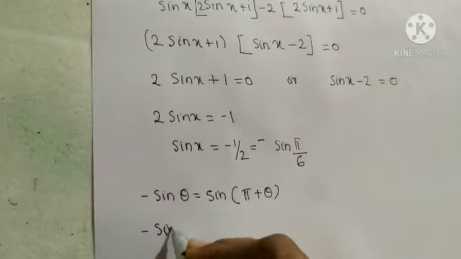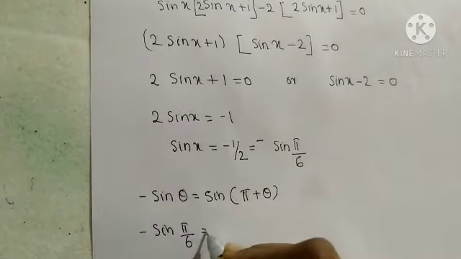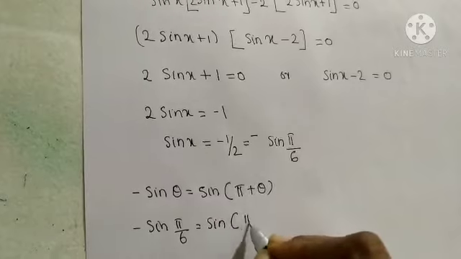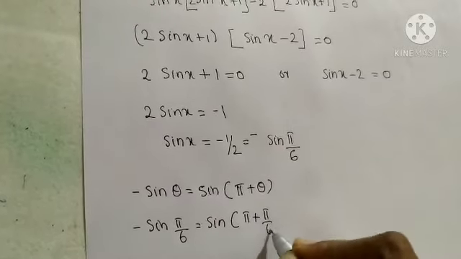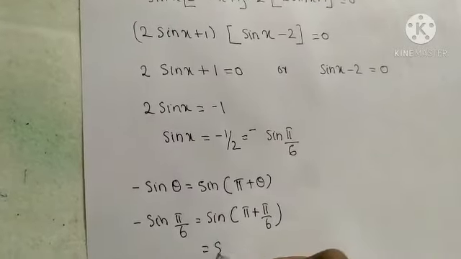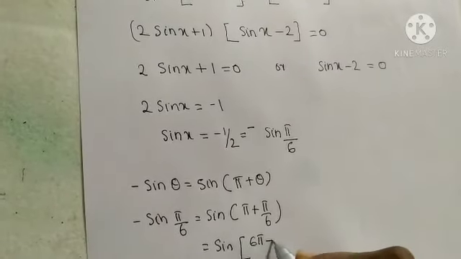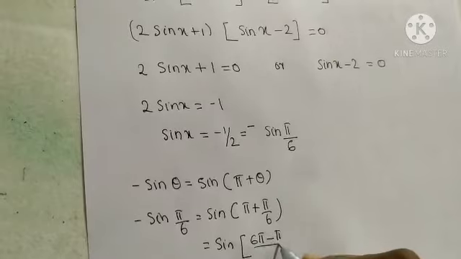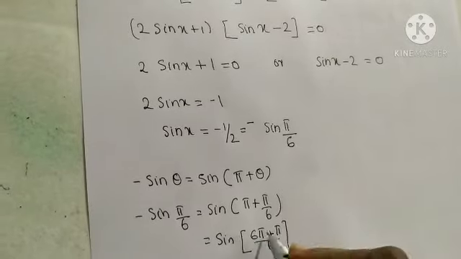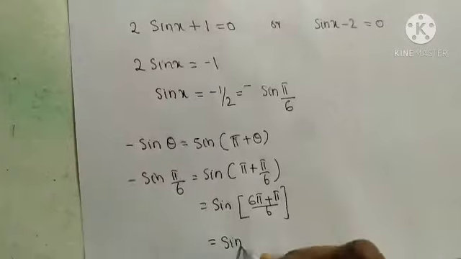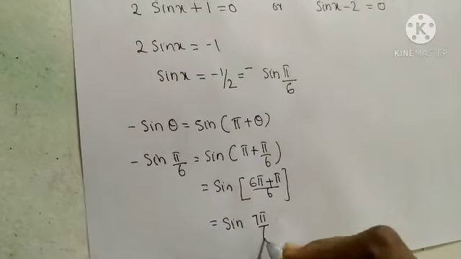Here it is sin π/6. Replacing θ by π/6, we get sin(π plus π/6). By cross multiplication, this becomes (6π plus π)/6, so the final answer is sin 7π/6.